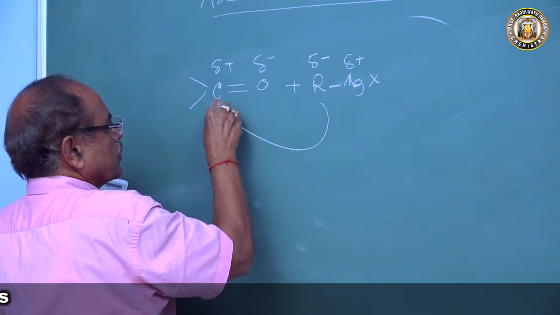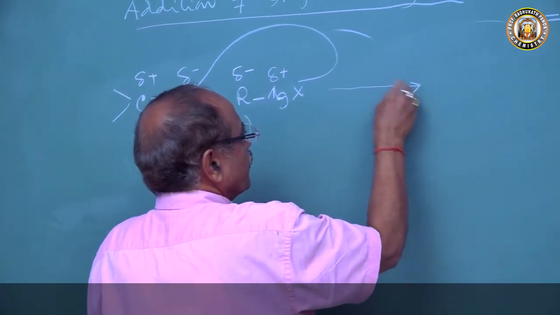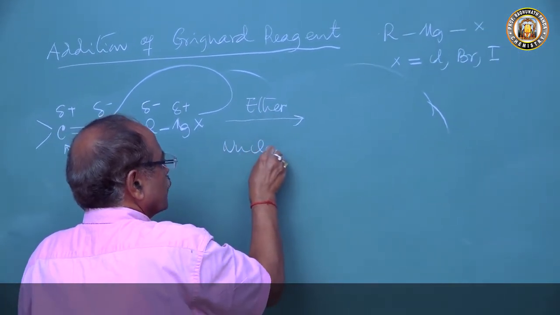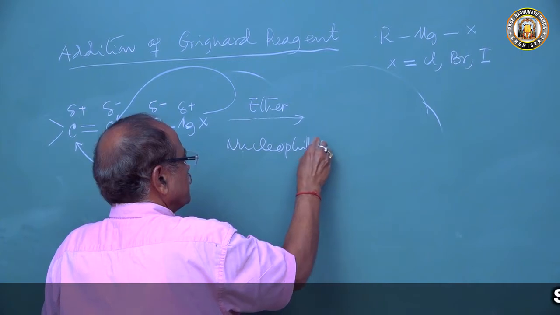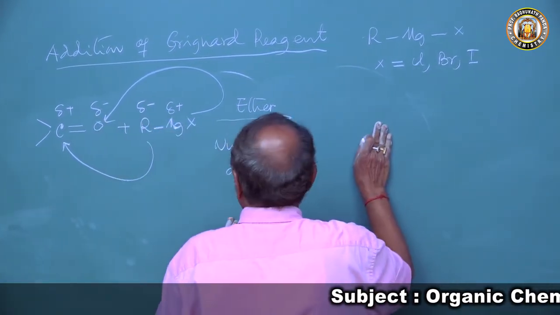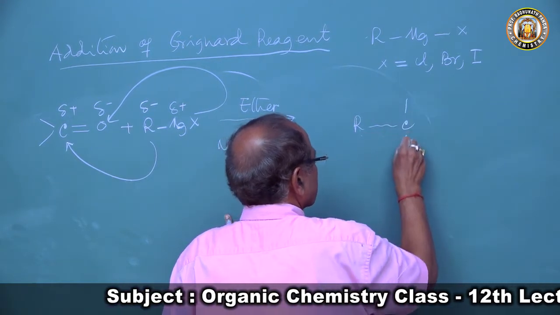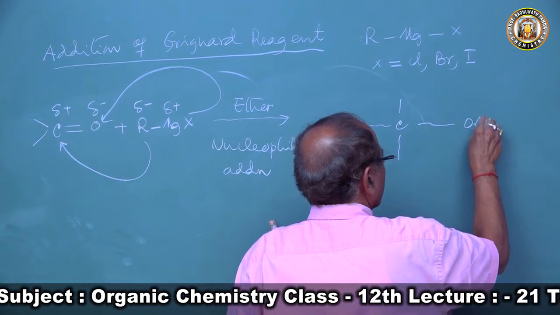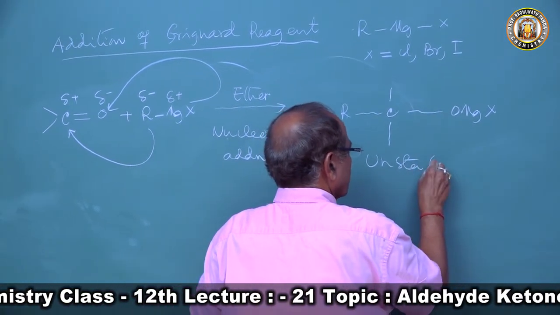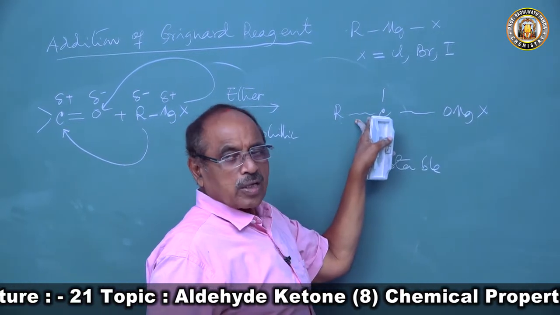So R goes to C and MgX comes to O, and in presence of ether this undergoes nucleophilic addition reaction to form a reaction intermediate. We get R, C with its two other bonds, and O-MgX. This compound is unstable because there is an inorganic part and an organic part.